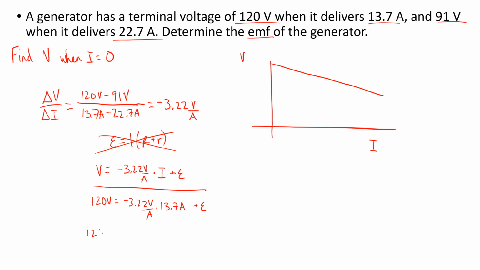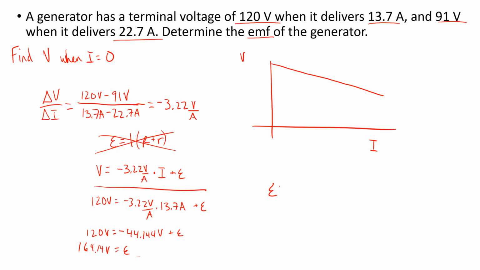That's 120 volts is equal to negative 44.144 repeating volts plus epsilon. So our epsilon is just going to be 120 plus that answer, which is 164.14 repeating volts.